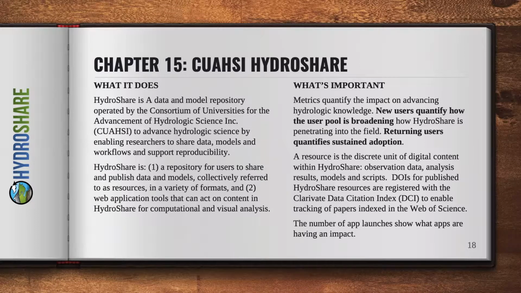One of the things I thought was interesting about HYDROSHARE, and I think Data Discovery Studio might be doing this also, is that they publish DOIs for HYDROSHARE resources, and they use the Clarivate Data Citation Index so that they can track papers that reference resources from within HYDROSHARE.